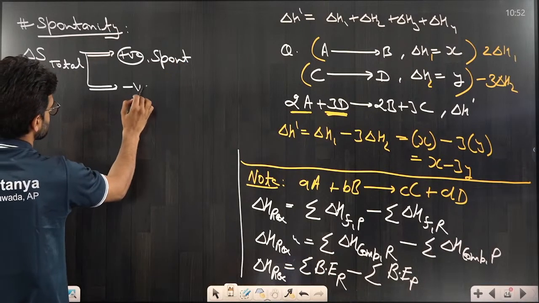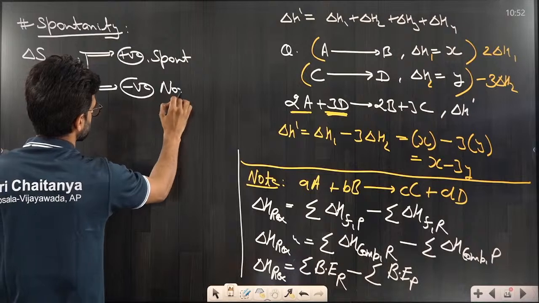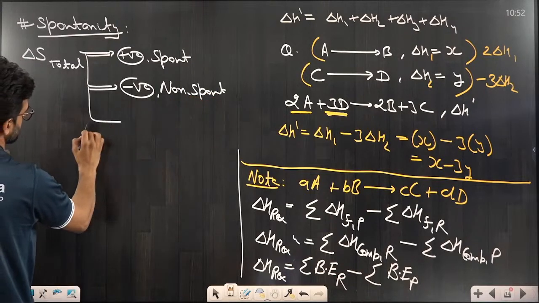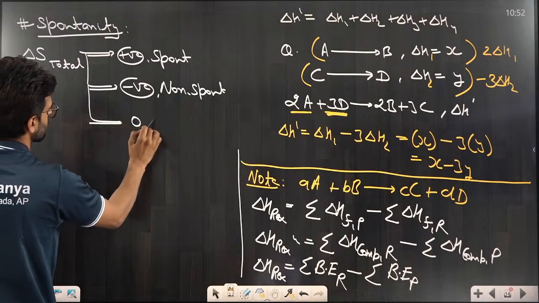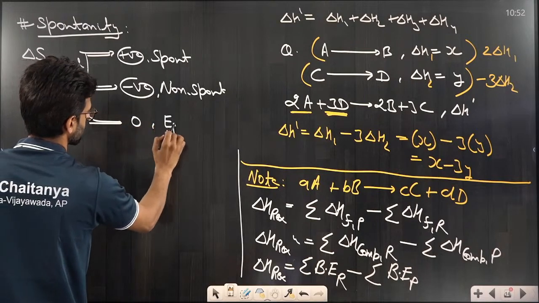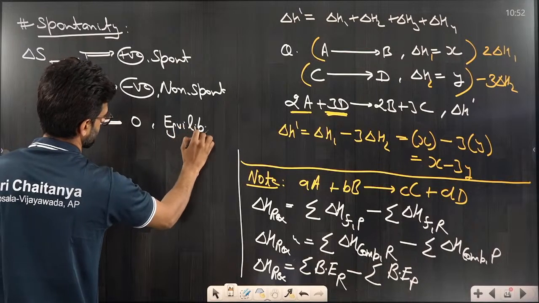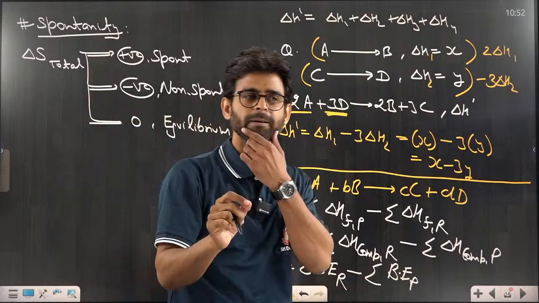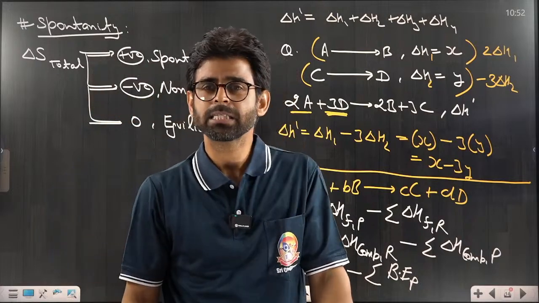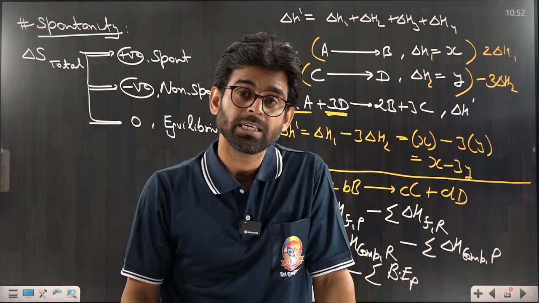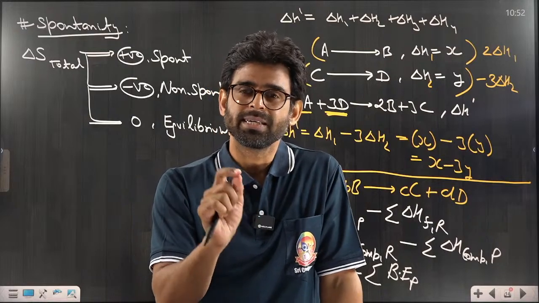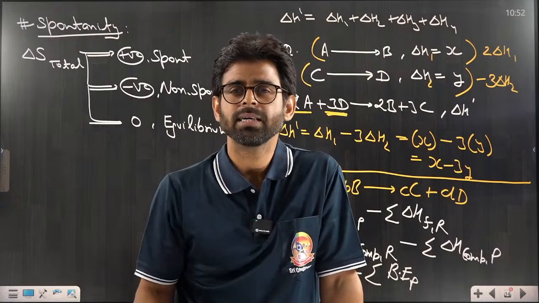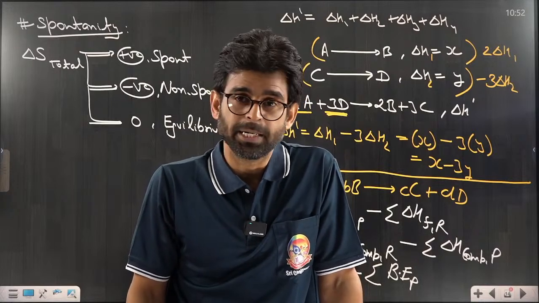Delta S negative, non-spontaneous. And delta S zero, equilibrium. Delta S total can predict spontaneity without exception. Remember, total. Delta S system alone or delta S surrounding alone can't decide spontaneity.